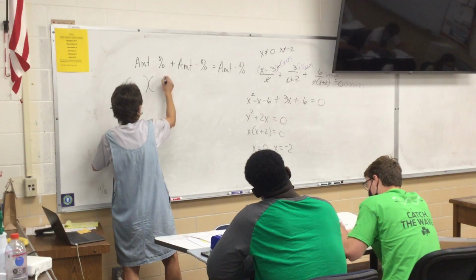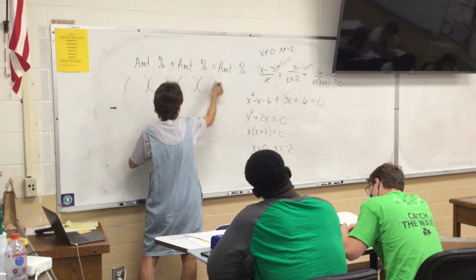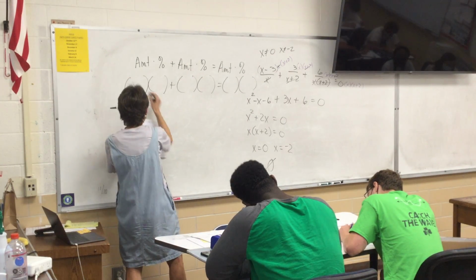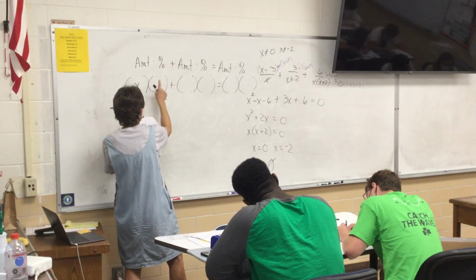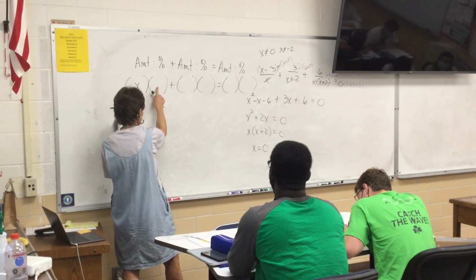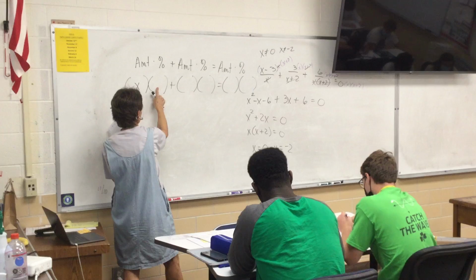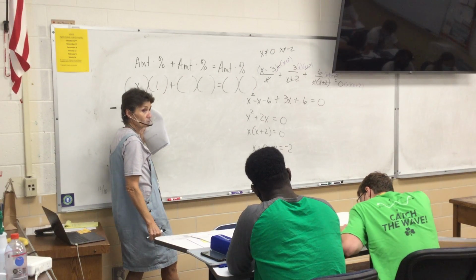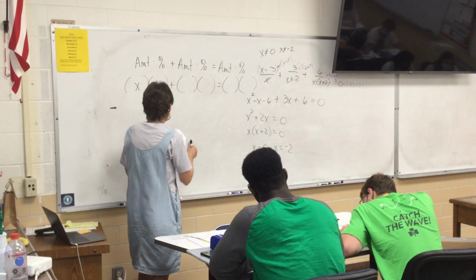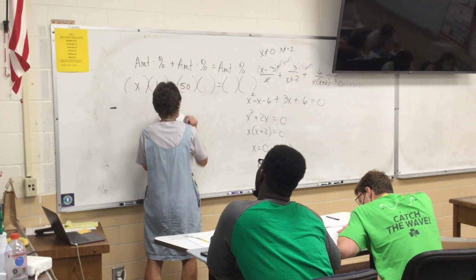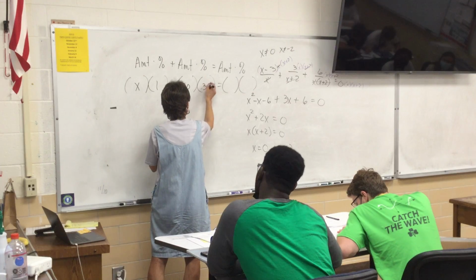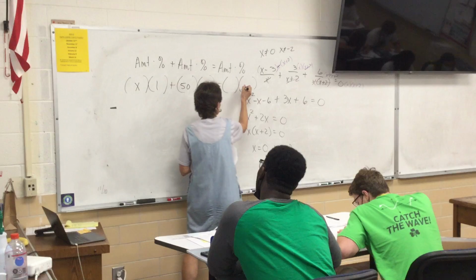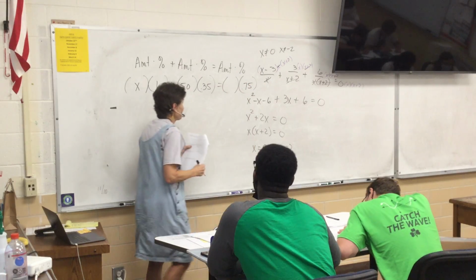So what do I know? At least in these problems, we always know a lot. So we know how much pure acid, what's the percentage for pure acid? 100 or 1.00.